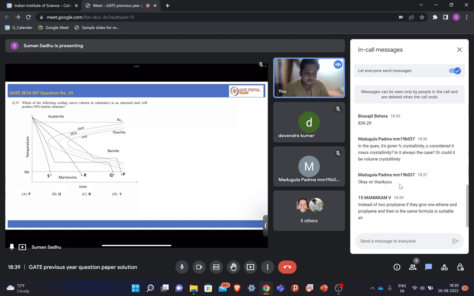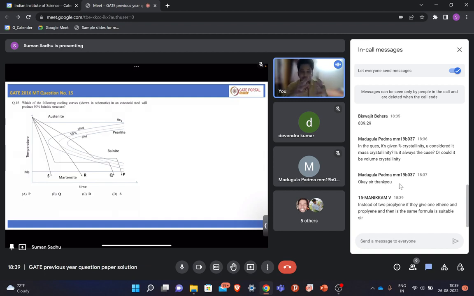Instead of two polypropylene, if they give one ethene and polypropylene, then is the same formula suitable? Okay, in that case, actually, you have a mixture of two different polymers, right? So in that case, it is not a kind of composite or mixture.